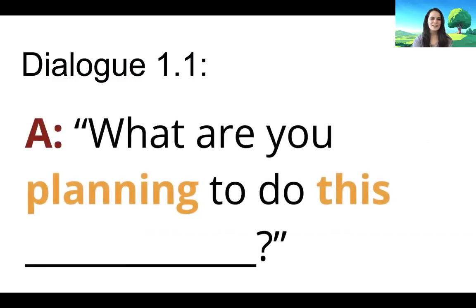And when we say plans in English, we mostly mean like for fun or what activities will you do. Plans can mean other things too, but when someone says, so what are your plans for blah, blah, blah, they mean like, what are you going to spend your time doing? That's all it means. So our first dialogue, what are you planning to do this?